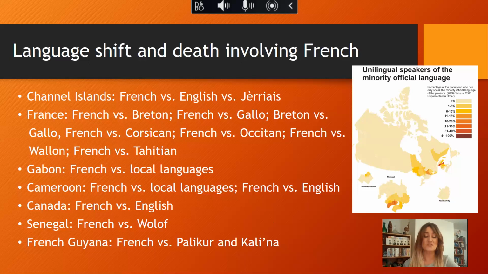The language is only oral, with mass lexical borrowings from French. It's got very little internal word creation, so they just borrow stuff. And in the case of Kalina, there's a lot of code switching between French and Kalina. So a lot of mixing of the language in sentences. As I said, that can be a precursor to language shift. And also there are serious problems of vertical transmission as well.